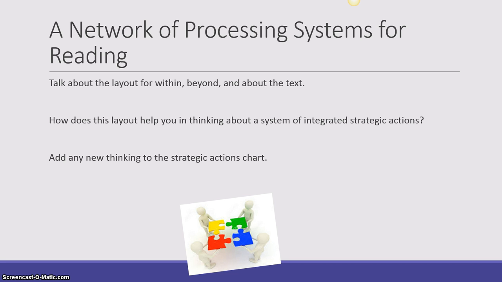How does this layout help you in thinking about a system of integrated strategic actions? Add any new thinking to the strategic actions chart, but go ahead and have an open discussion about this layout and how it is so helpful that it's integrated versus isolated. Go ahead and pause that video.